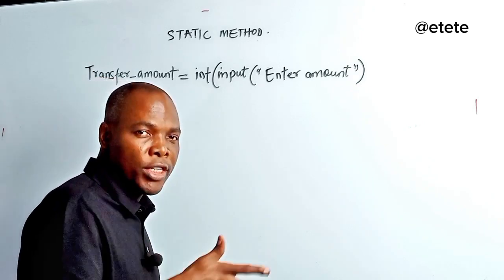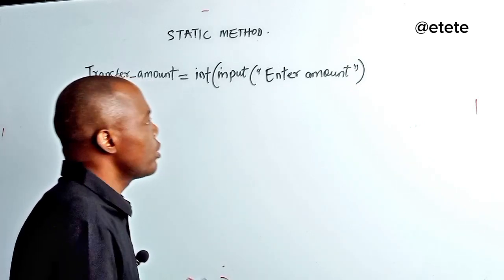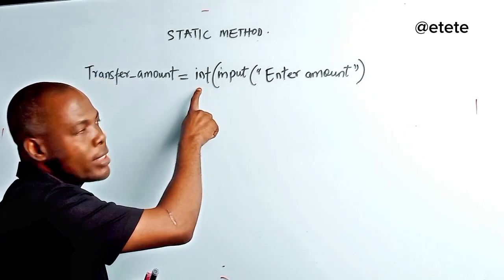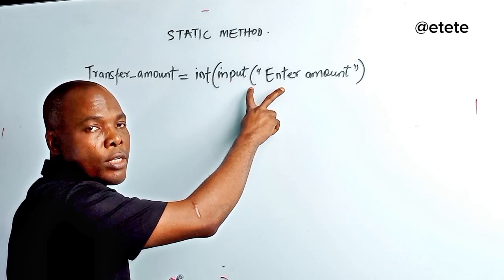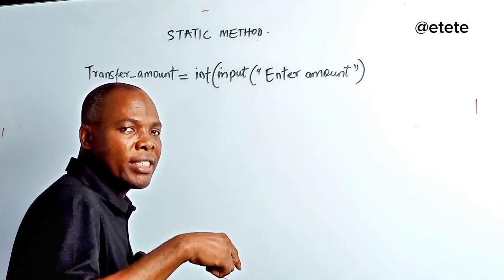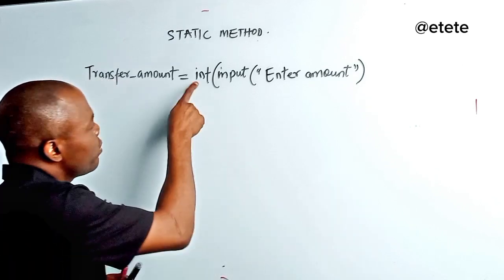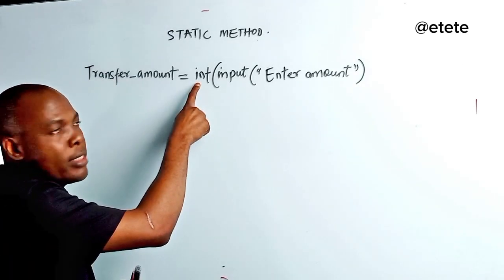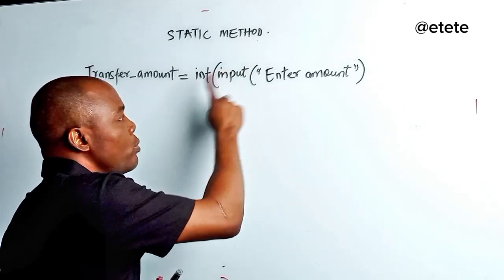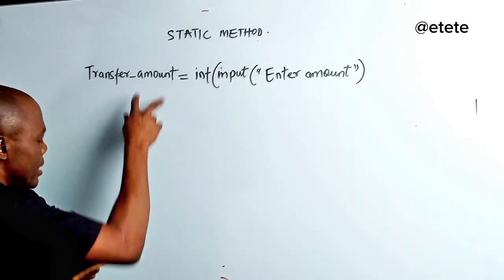So if you supply a string, it will throw you an error. So I have to typecast it. I have to convert that string, even if it is 20,000, to integer. That is why I'm putting this int function to typecast the amount that I'm going to put into integer. Then this is created.